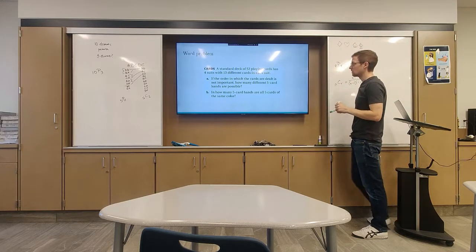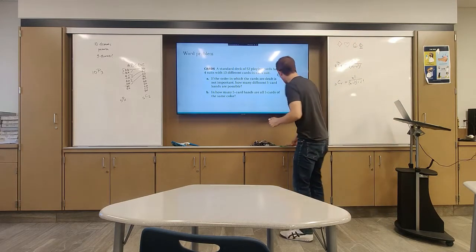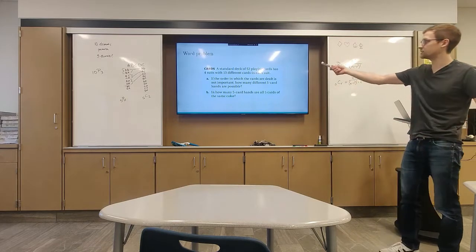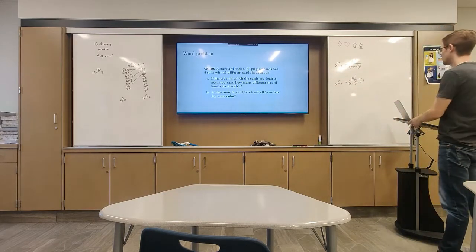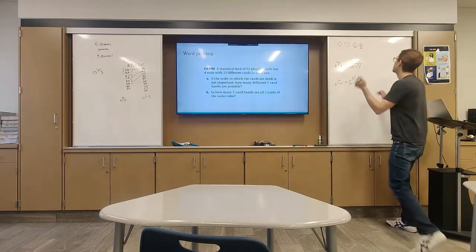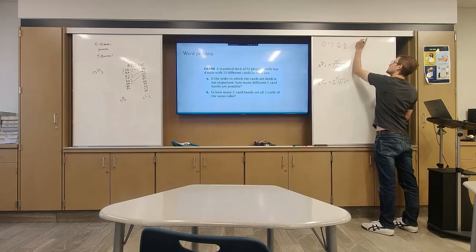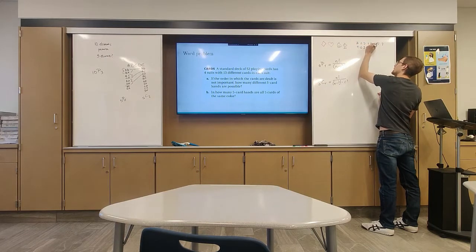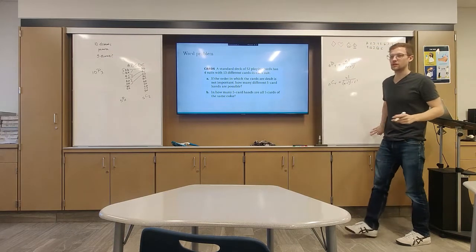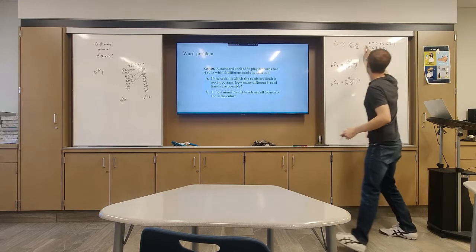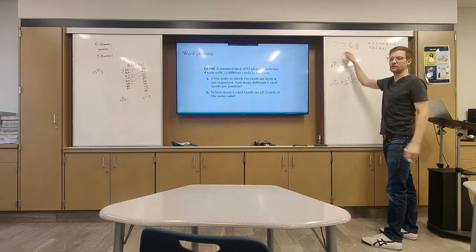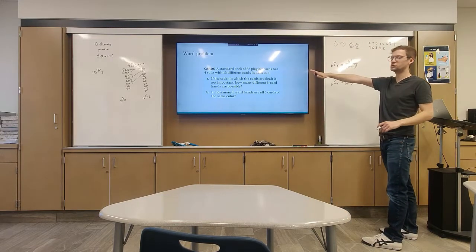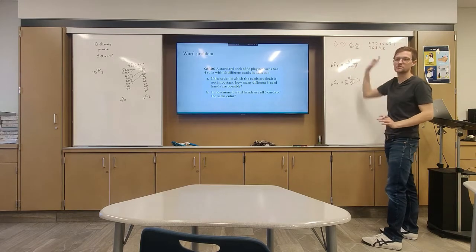And we have 13 different cards in each suit because we have ace, 2, 3, 4, 5, 6, 7, 8, 9, 10, jack, queen, and king. Those are the 13 different values, and these are the 4 different suits. And so the 52 cards are made by all the combinations of that.